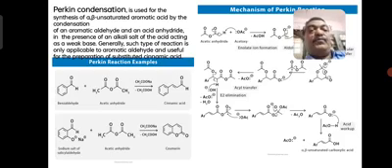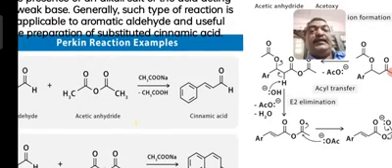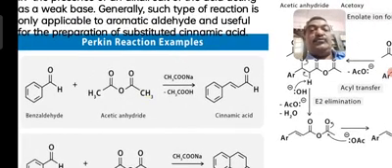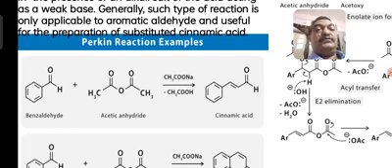When benzaldehyde is allowed to react with acetic anhydride, that is CH3CO-O-COCH3, in the presence of sodium acetate, CH3COO minus, it undergoes condensation to form a benzene ring with a double bond.